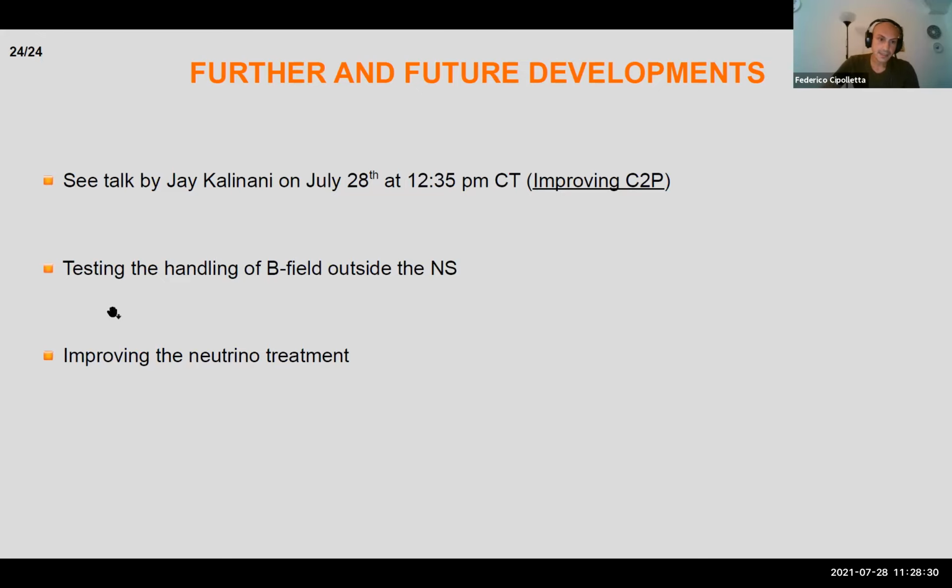Another idea that Bruno told me was to test the handling of the magnetic field outside the neutron star. That could be of astrophysical relevance. In addition, another idea is to improve the neutrino treatment, so switch from neutrino leakage, from the Zelmani leak, to the same method adopted in Whisky THC, or to something else.